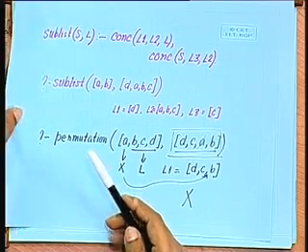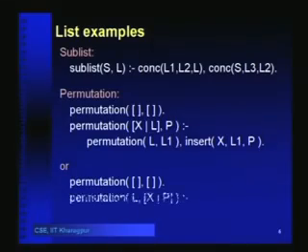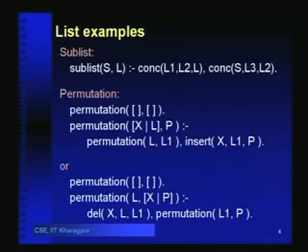Is that all right? There is another way of writing permutation, and that is using delete, as you were asking just now.